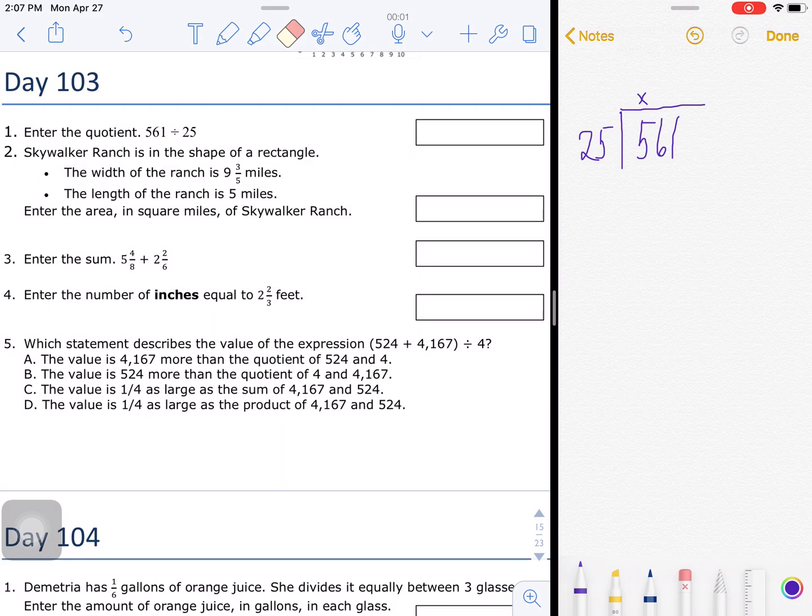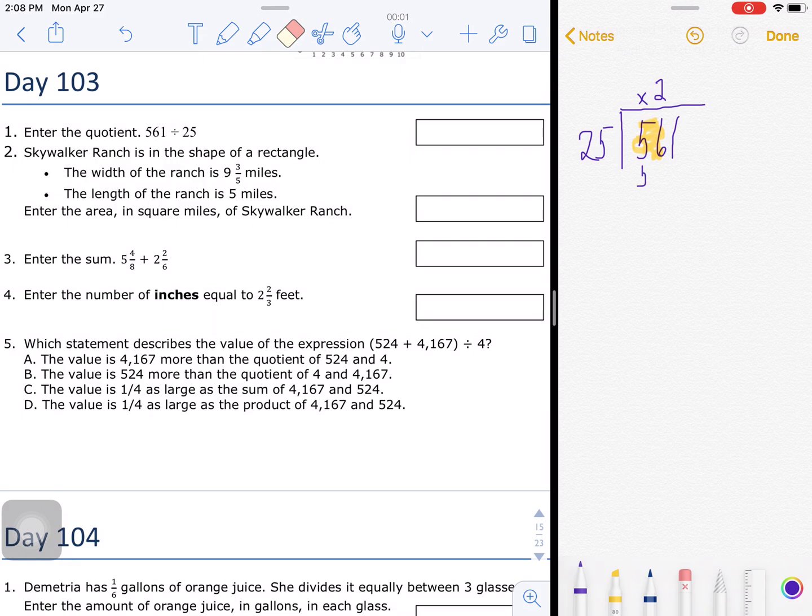Then I'm going to take a look at how many 25s go into 56, which is 56 tens. So I'm going to be counting by 25. 25, 50. I have two 25s. Three would be 75, which would be too high.